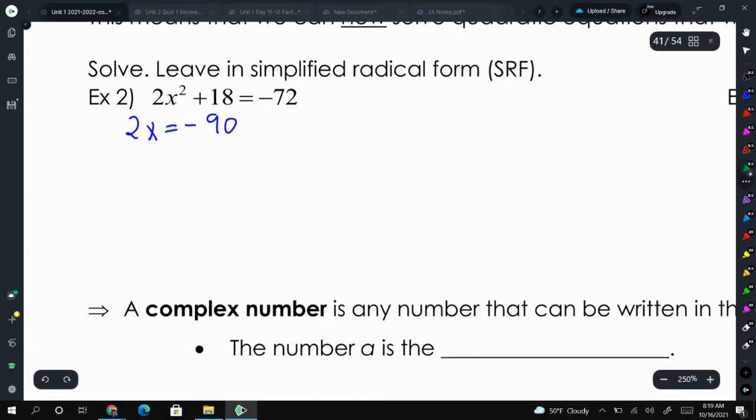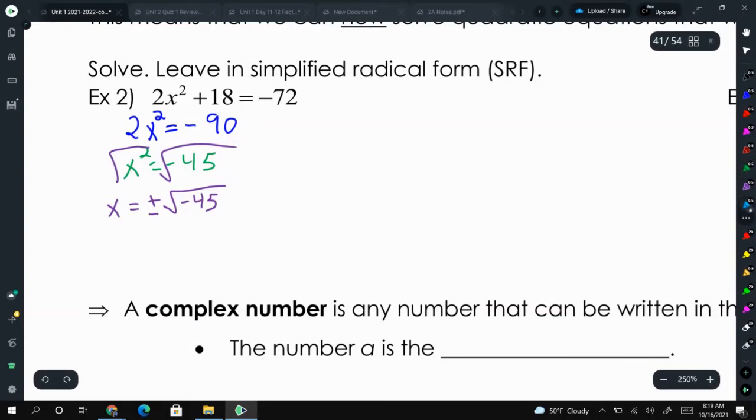We'll divide both sides by 2. We get x squared equals negative 45. When we square root both sides, we're going to get x equals plus or minus the square root of negative 45.